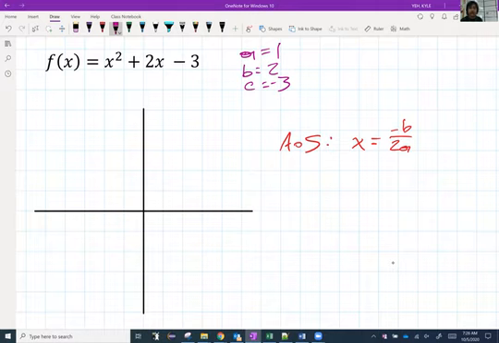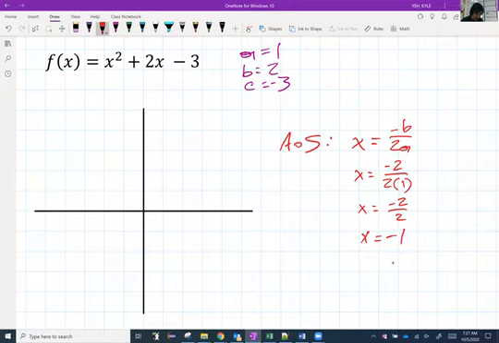So once we have those pieces of information, axis of symmetry, x equals negative 2, b, over 2 times a, which was 1. So x equals negative 2 over 2, which we can simplify to be x equals negative 1.